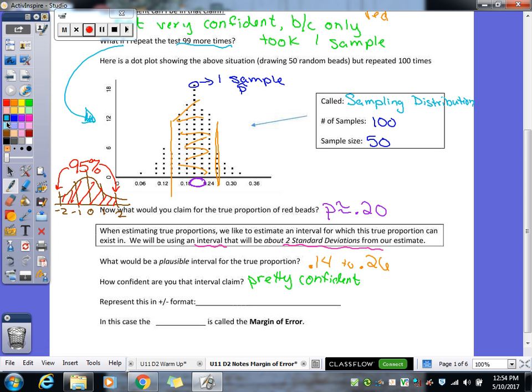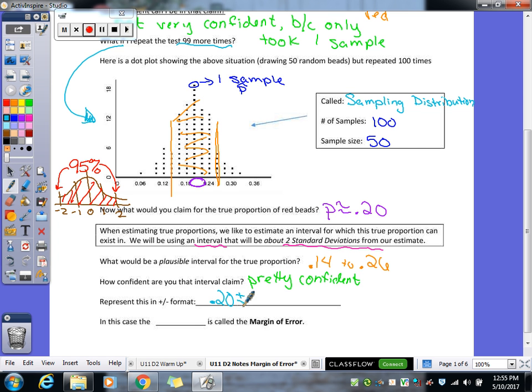Then we represent this in plus or minus format. We take what we originally thought our true proportion was going to be, our 0.20. What did I subtract from 20 to get me down to 14? This minus what got me down to here? And from this, plus 0.06, does that get me to my 0.26?